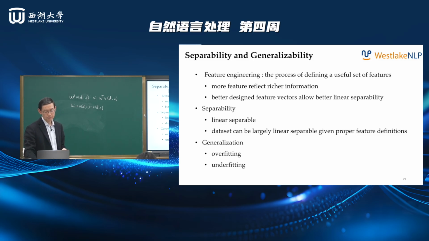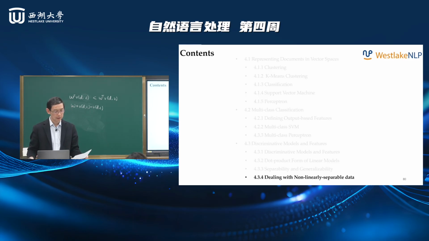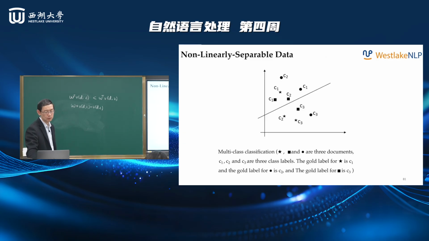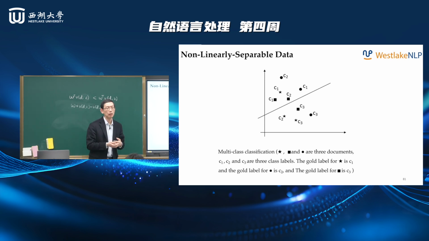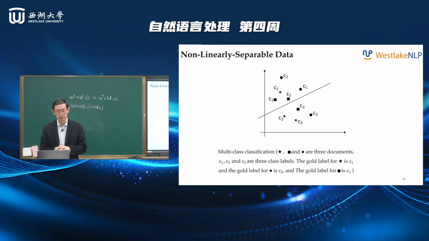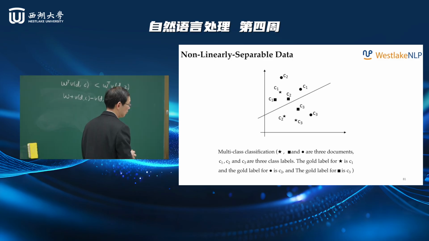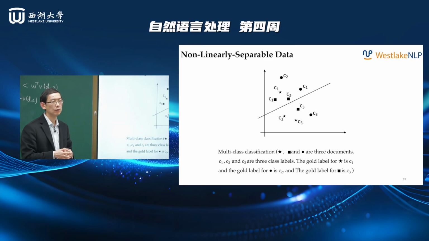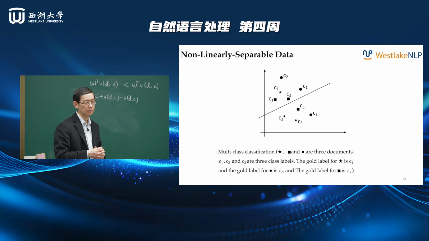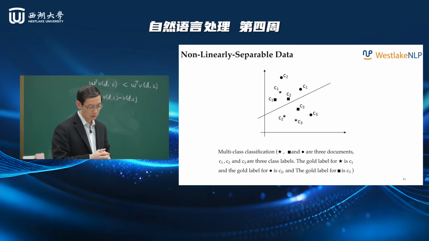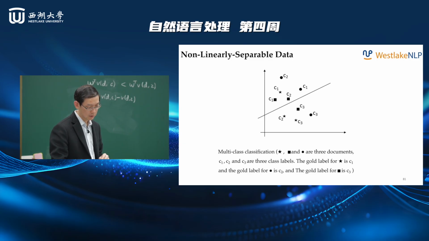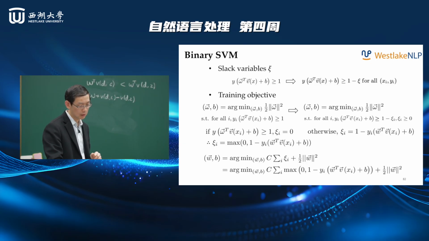So if you tweak your features and your training data is not that linearly separable, can you still train SVMs? That's my last topic. If your training data cannot be separated by a hyperplane, then can you still specify an SVM? We can change it a little bit.